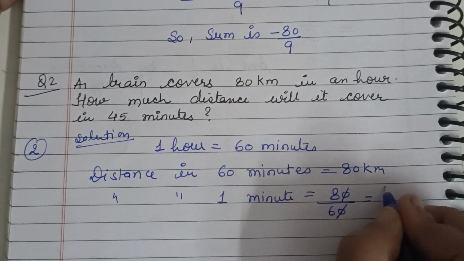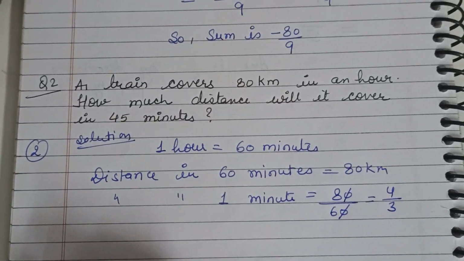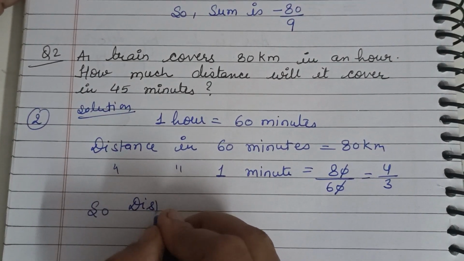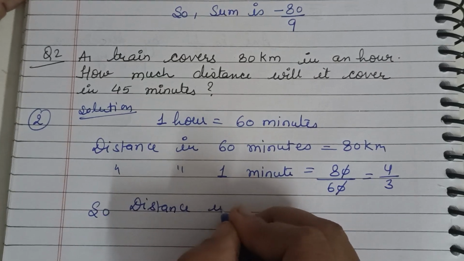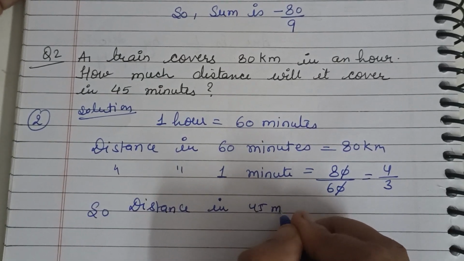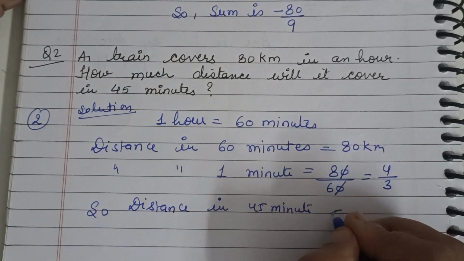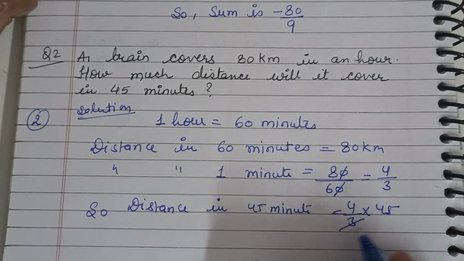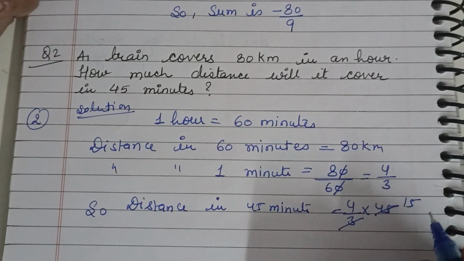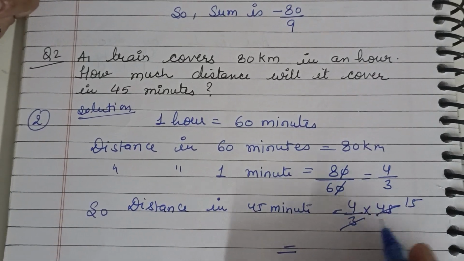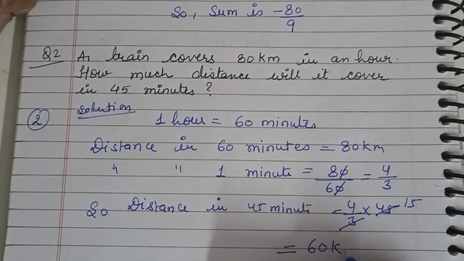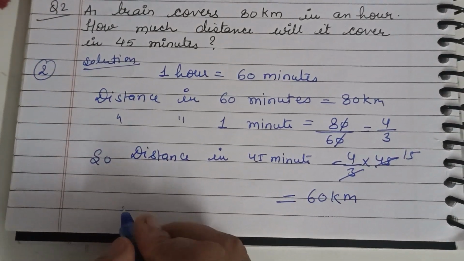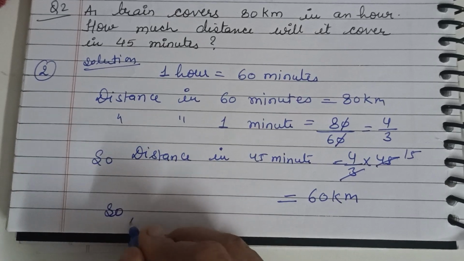Cut this 0, it will come 4 by 3. So distance in 45 minutes is 4 upon 3 multiplied by 45. Do the cutting. 3 ones are 3, 3 fifteens are 45. So how much will it come? 15 fours are 60 kilometers. So the distance covered in 45 minutes is 60 kilometers.